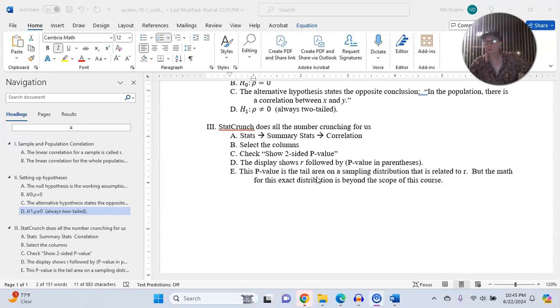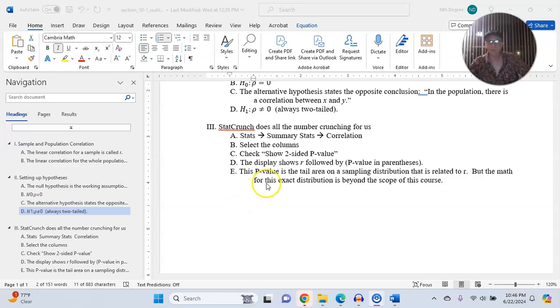Is that the tail area on a normal curve, or one of those weird chi-squared things? Well, it turns out that the sampling distribution is really complicated in this case. This p-value is the tail area on a sampling distribution that is related to R, but it's not R itself. It's a t distribution that is derived from R.